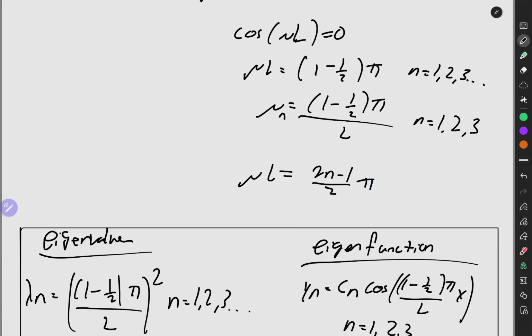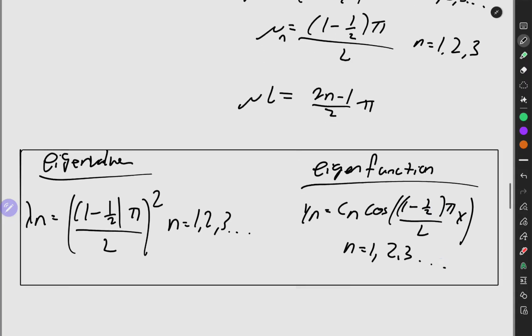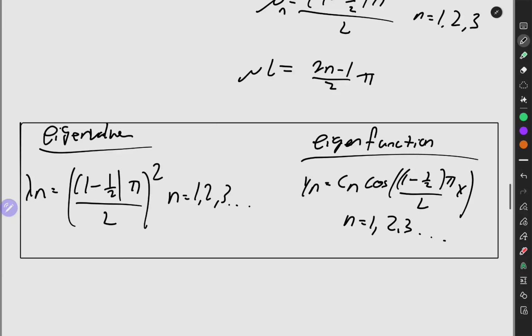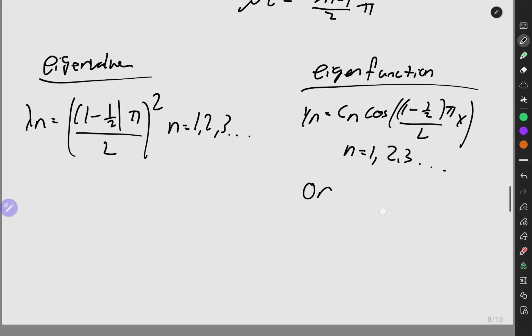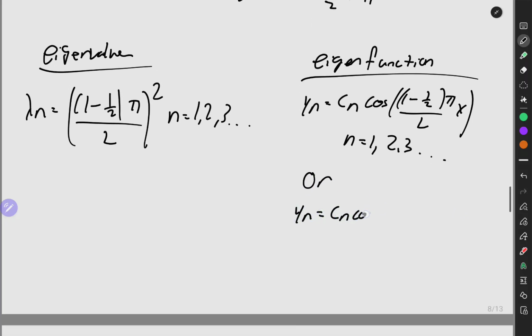Same thing. But you can rewrite your eigenfunction with that as well. As you can see, this would be 2n minus 1 over 2l, which is kind of simpler because you don't have this fraction here in the top. So like here, we can write it like this. This might be cleaner, I think. Yeah, this will definitely be cleaner because there's 2n minus 1 times pi x over 2l. Yeah, I would definitely write it like that.